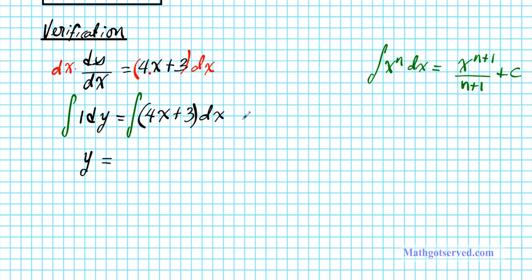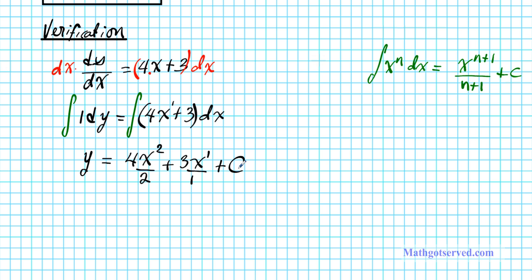So let's go ahead and apply the power rule for integrals here. This is 4x to the first power, so this is going to be 4x to the second power over 2. This 3 has an x to the 0th power, so when I integrate that, I'm going to have 3x to the first power over 1 plus a constant.